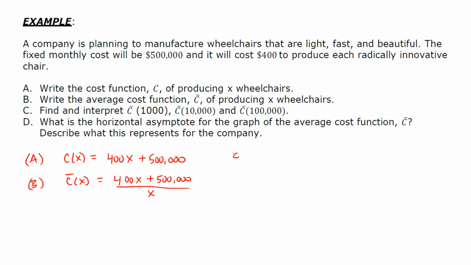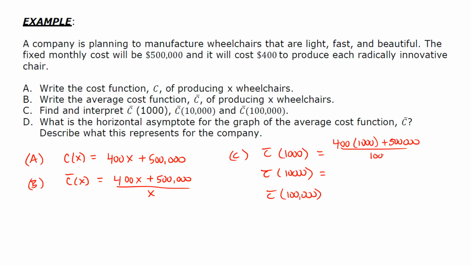So if we wanted to find C hat of 1,000, 10,000, and 100,000, we would substitute in these values for x and simplify. When we repeat that process, we get 900, 450, and 405. Now, what do these mean?